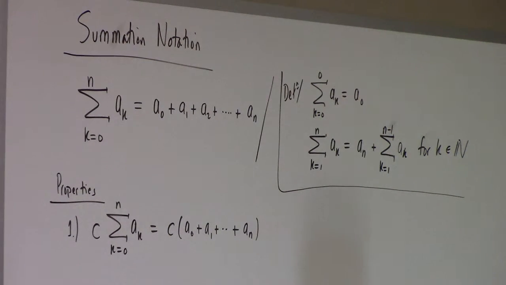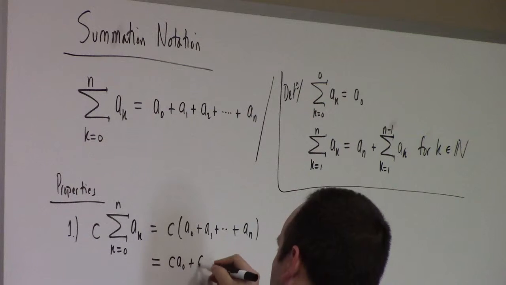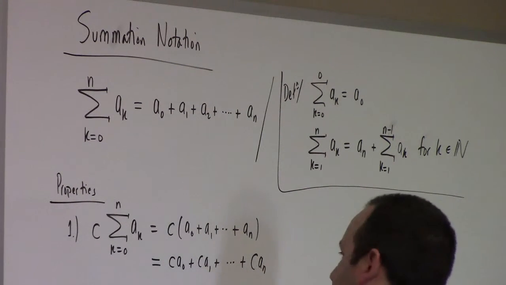So what can you do with a constant times a sum like that? You can distribute it, right? By the distributive property. So if you distribute the c through, we get what? c a naught plus c a1 plus da da da da plus c an, right?